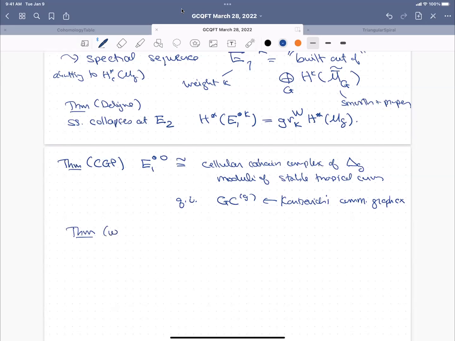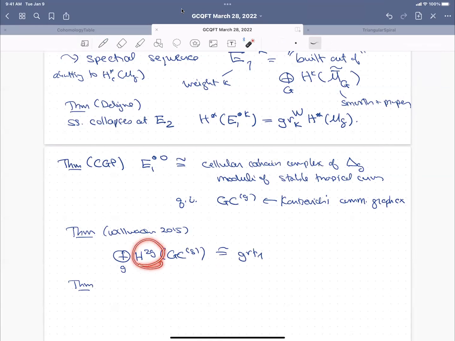So the theorem of Thomas Willwacher from 2015 is that the direct sum over g of H^0 of GC_2^g is the Grothendieck-Teichmüller Lie algebra, and this H_{2g} is going to give rise to H^{2g} compactly supported cohomology on M_g, which is Poincaré dual to H^{4g-6}, because M_g has real dimension 6g minus 6. So the 2g here corresponds to the 4g minus 6.